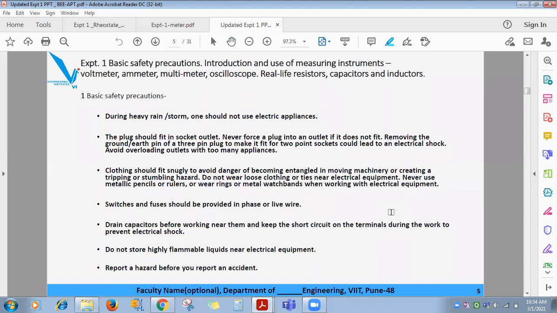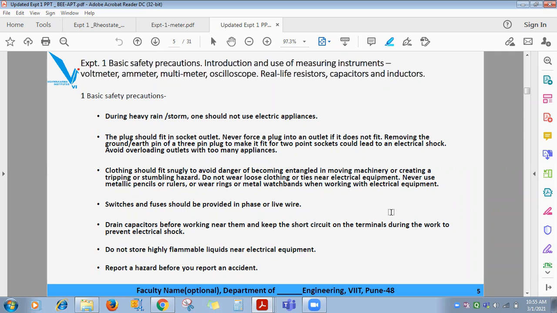The lower two are phase and neutral, the upper one is earthing. From that earthing terminal, the earthing wire, which is a copper wire, is connected to the socket at one terminal, and where is the other end connected? Ground. Correct. It is connected to the ground, that is, the earthing arrangement is done under the ground.